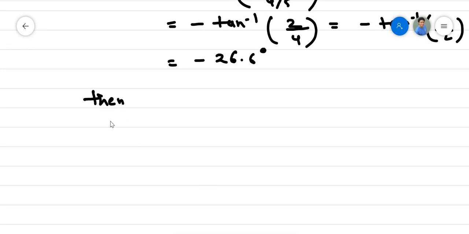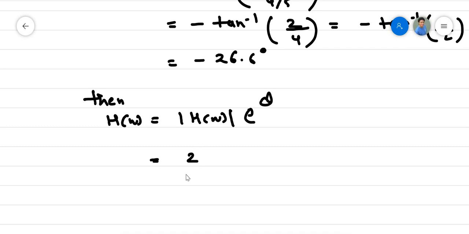Then H(omega) is equal to mod of H(omega) times e^(j theta), that is 2 over root 5 times e^(-j 26.6 degrees).